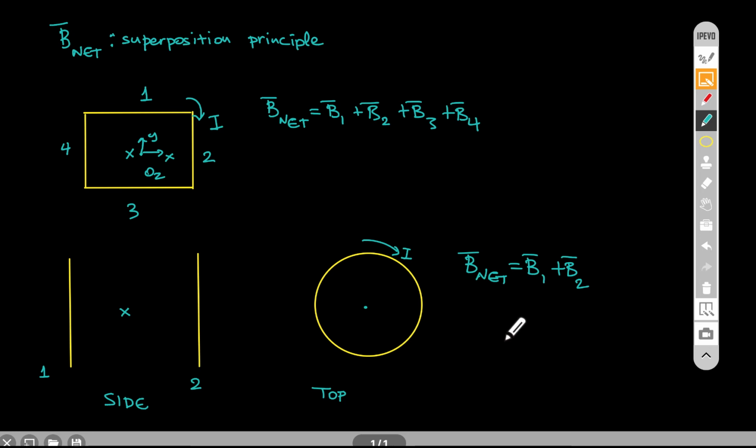Do pay attention though, because the net magnetic field is a vector. The equations that you have for the magnetic field from a straight wire, from a loop, and for a solenoid, those expressions will give you just the magnitude.